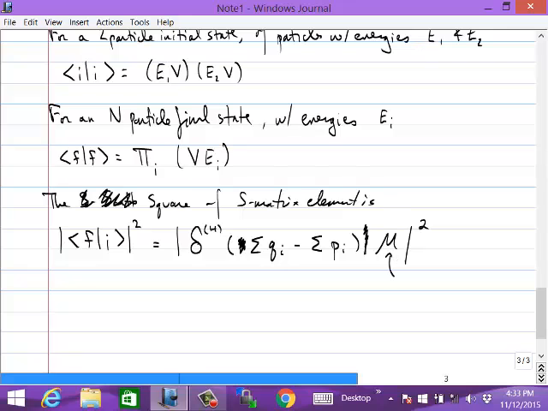So M is the S matrix element, the thing that we compute using Feynman diagrams. Here, this is the sum over the initial states minus the sum over the final states.